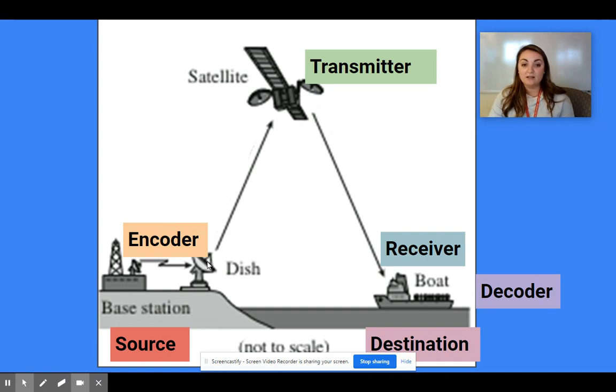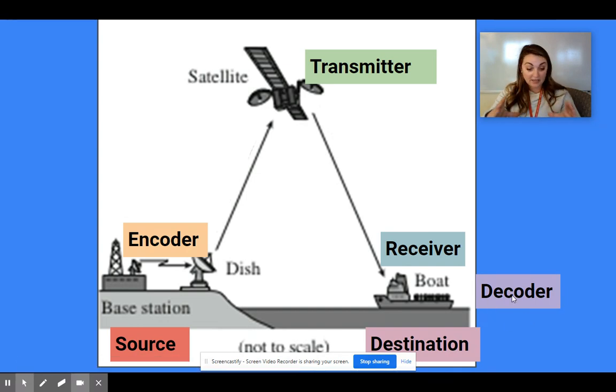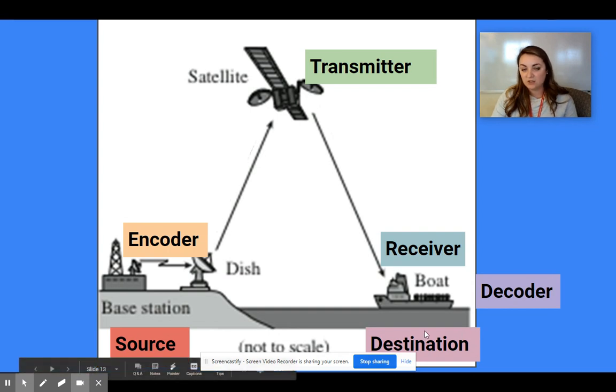That satellite signal is then transmitted by the satellite and then received by the boat. The boat is also going to decode the message back into whatever display is showing the GPS, right? So that the humans on that boat can read that message, because ultimately the humans are the destination. They need to know their position in the water.